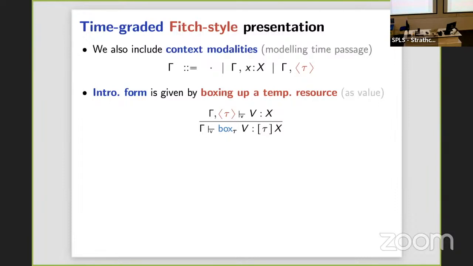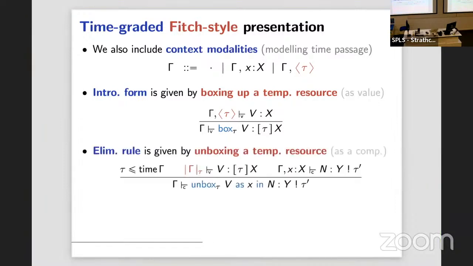If we think of the right-hand end of gamma as being the moment now, then we want to guarantee that V will be usable sufficiently in the future. So we need to be able to type V in that given future, these tau time units in the future.